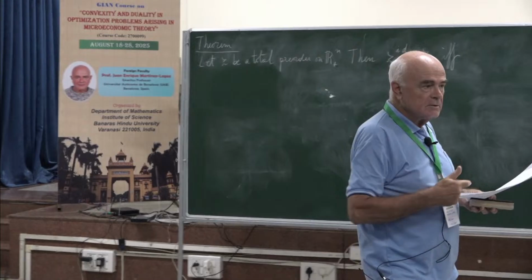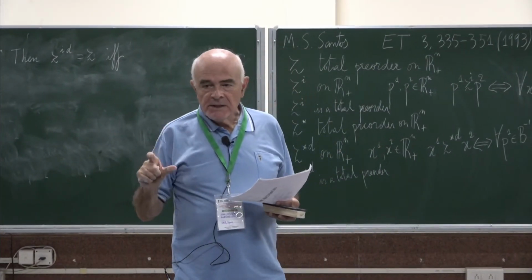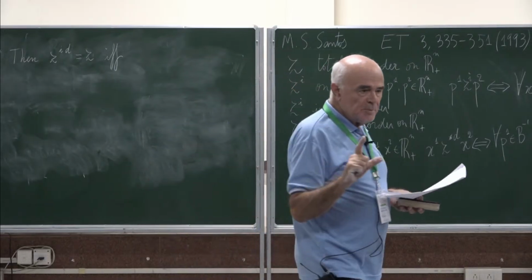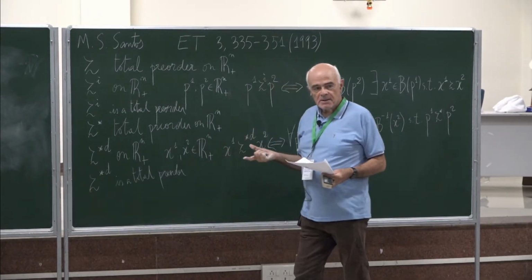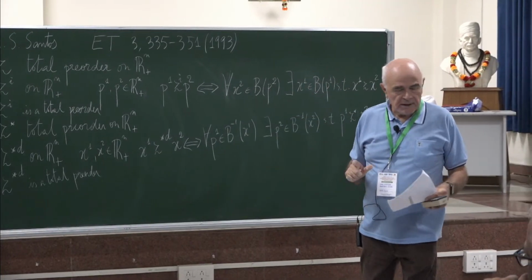Here not. Here we don't have a characterization of indirect preorders. So don't ask me to give you a theorem. It doesn't exist. I don't mean it cannot be obtained, but I cannot. This is what I can say.